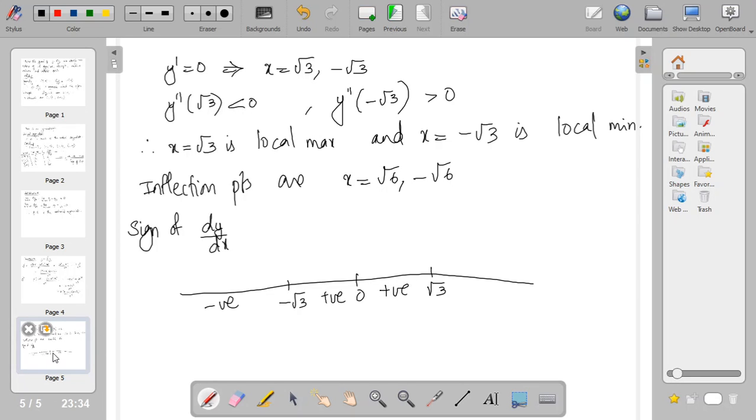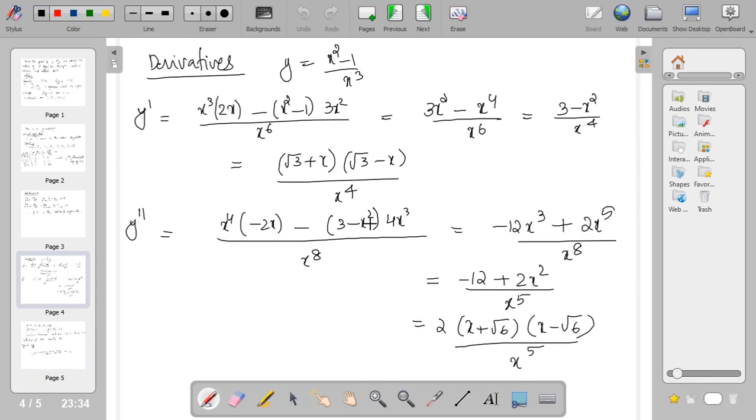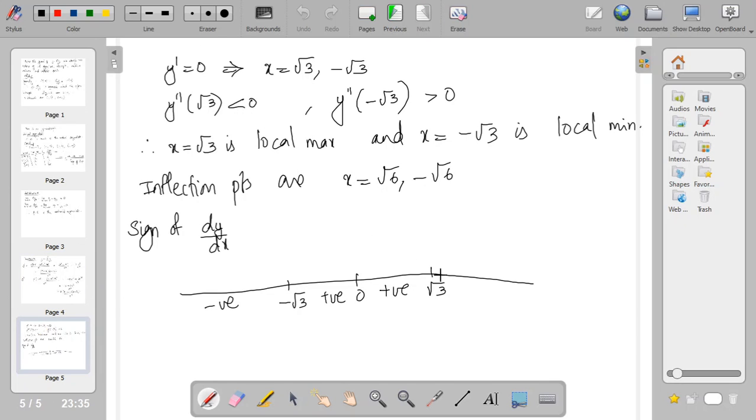And when you take root 3 to infinity, positive, this is negative, so the sign is going to be negative. So here it is decreasing, and in the interval minus root 3 to 0 it will be increasing, here also increasing, and here it will be decreasing again.